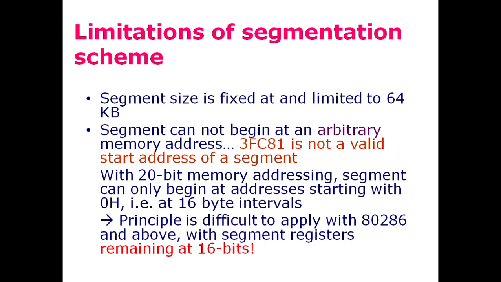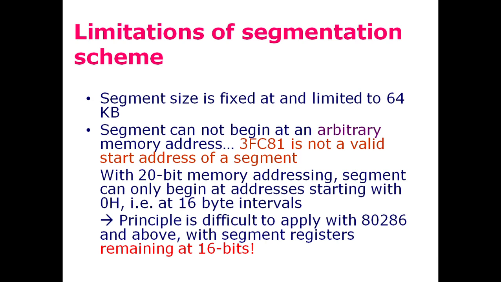So this principle is difficult to apply with 80286 microprocessors and above because the segment registers are still at 16 bits. The segment registers are only 16 bits in 80286 and above microprocessors, just like the 8086 and 8088 microprocessors.